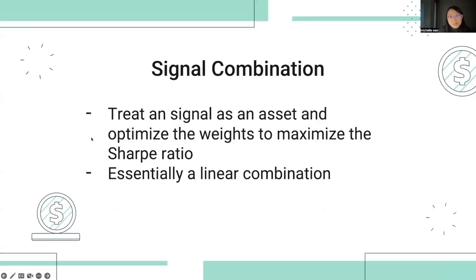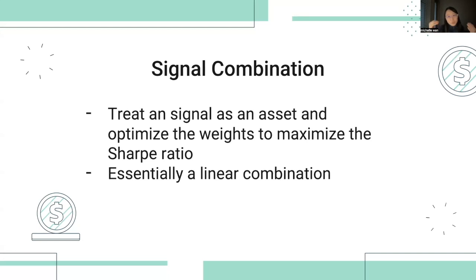Now let's move to signal combination. Basically, we're just treating a signal, excuse me, a typo here, a signal as an asset and optimizing the weights to maximize the Sharpe ratio.